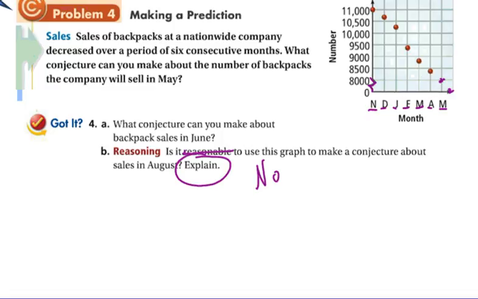This is not one where we could use that to make a prediction. Now we could use sales for years at a time and see that it's pretty consistently at this amount in May, and then we can make conjectures off of that. But just looking at this one set of a few months in a row, that's not enough information to give us the rest of the year. So be careful with that.